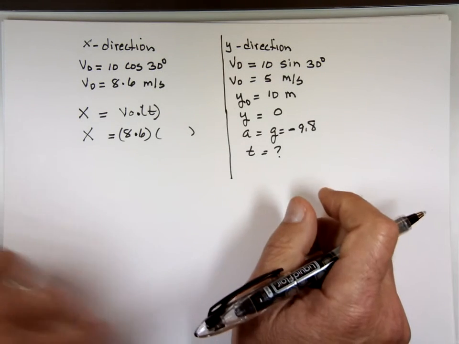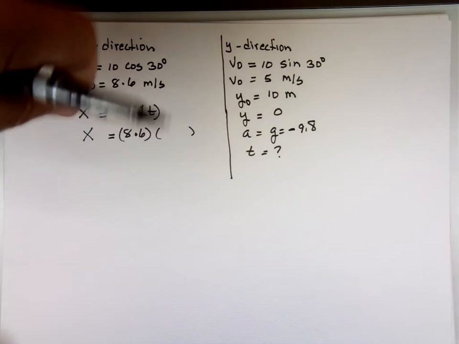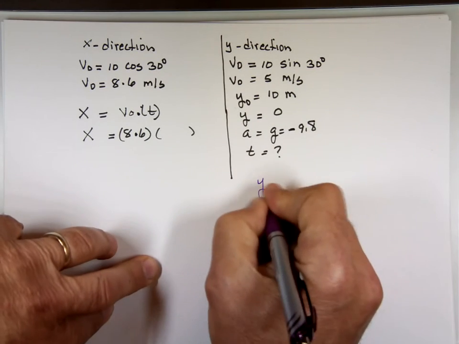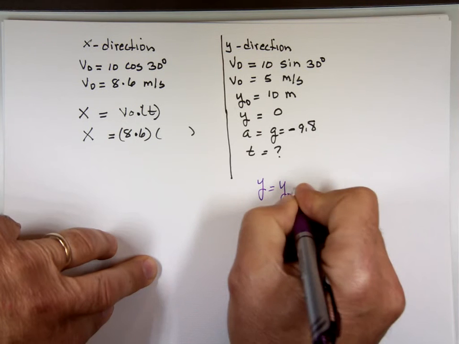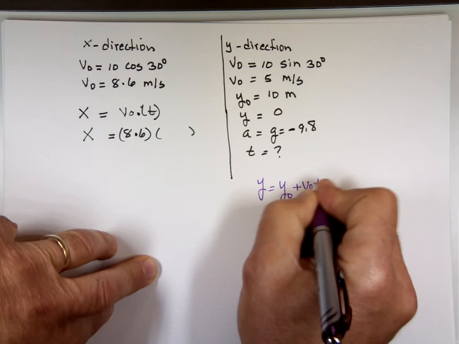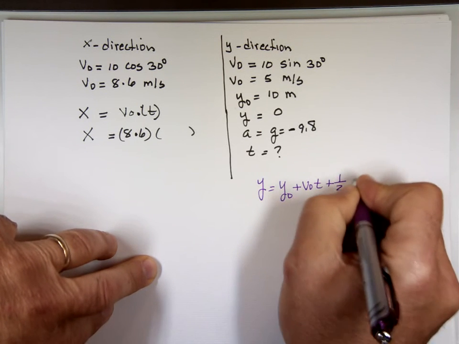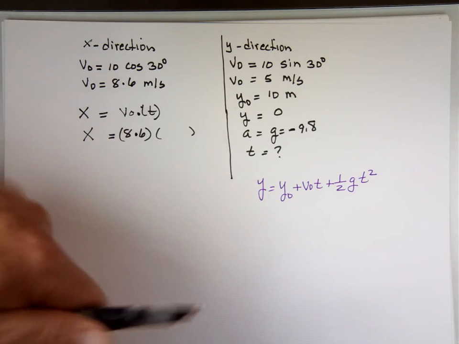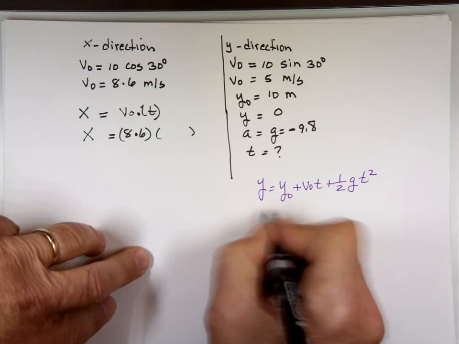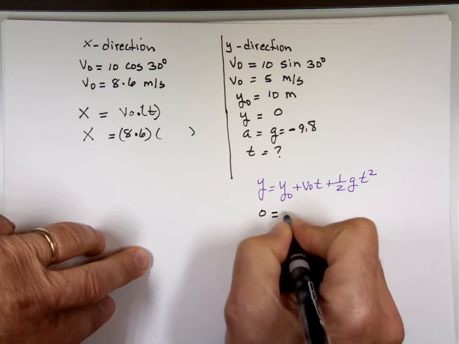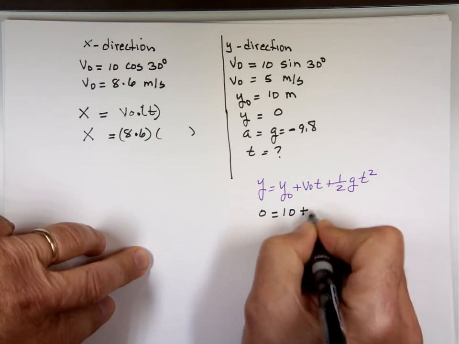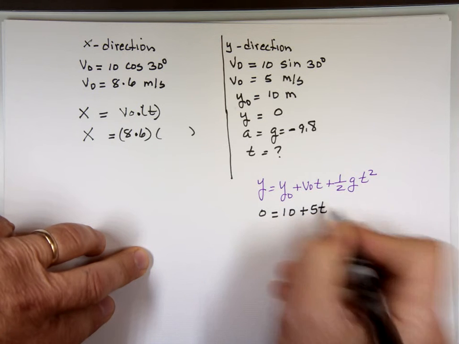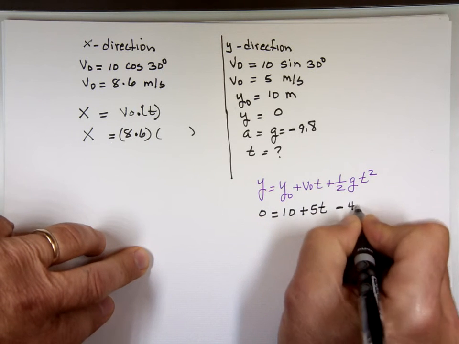Same equation, I think, right? Notice the equation you mentioned earlier, you can't use it now. Y is 0, y sub 0 is 10. This is 5 times t. This is negative 4.9 t squared. We have a quadratic equation.